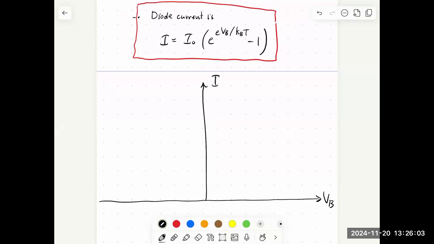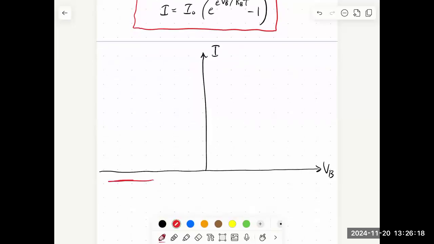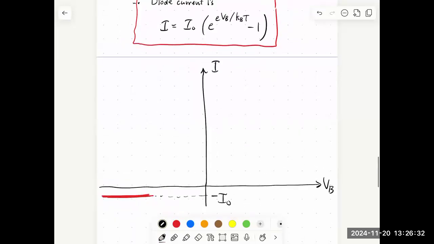In fact, if I make the battery a very large negative number, e to the minus a large number will go to 0, and we'll just get minus I naught. So out here, where VB is a large negative number, our current is going to be minus I naught. Okay, if I put in 0, so the case where there's no battery, then I'm going to get 1 minus 1 is 0. So there should be a point over here.